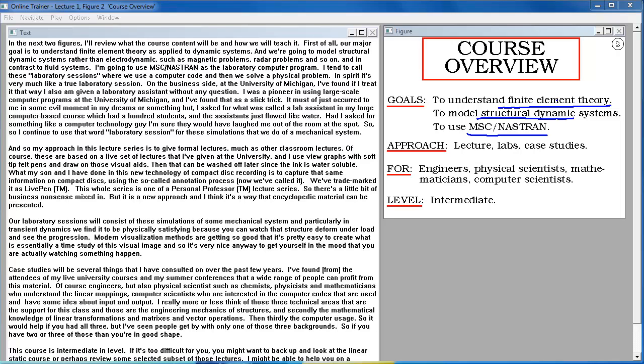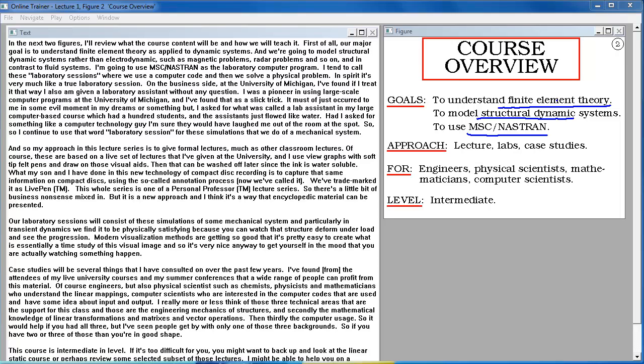On the business side at the University of Michigan, I found if I treat it that way, I also am given a laboratory assistant without any question. I was a pioneer in using large-scale computer programs at the University of Michigan, and I found that as a slick trick. It must have just occurred to me in some evil moment in my dreams or something, but I asked for what was called a lab assistant in my large computer-based course, which had 100 students, and the assistants just flowed like water.